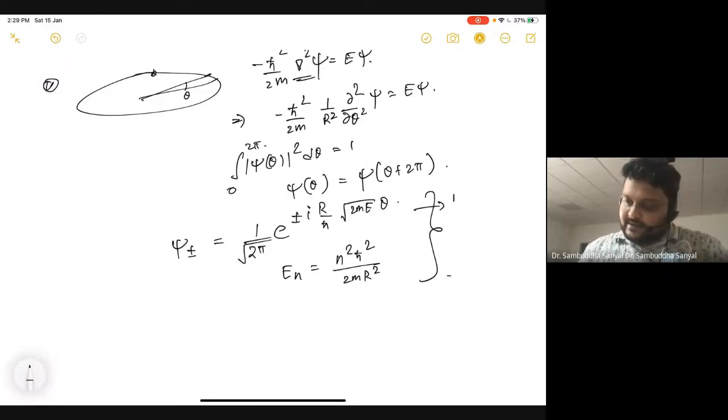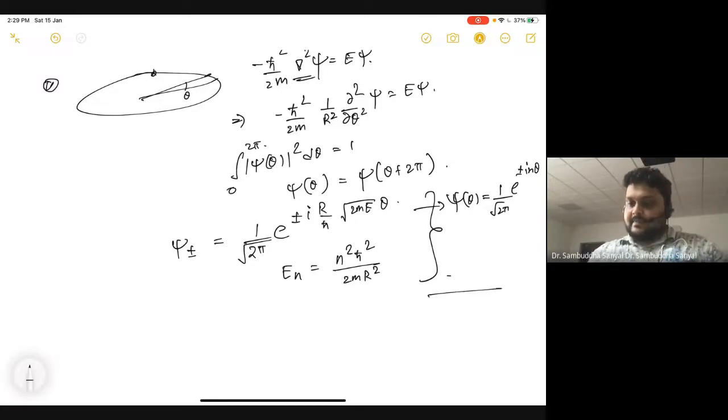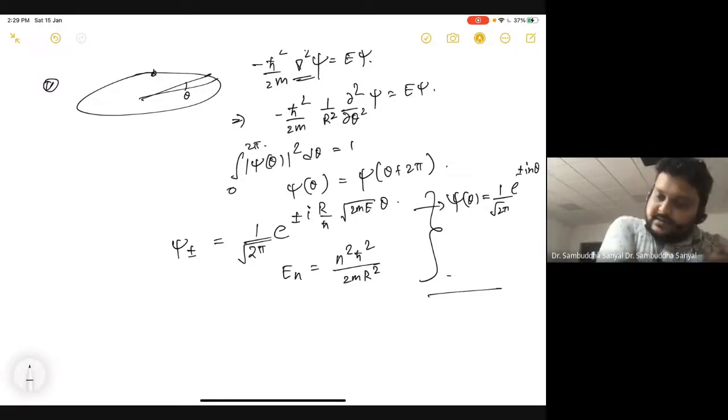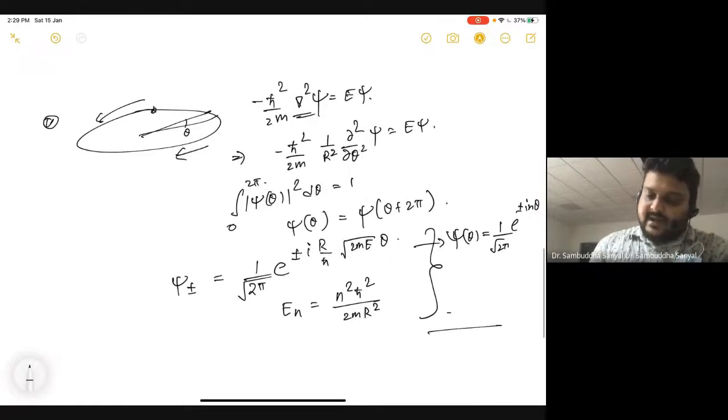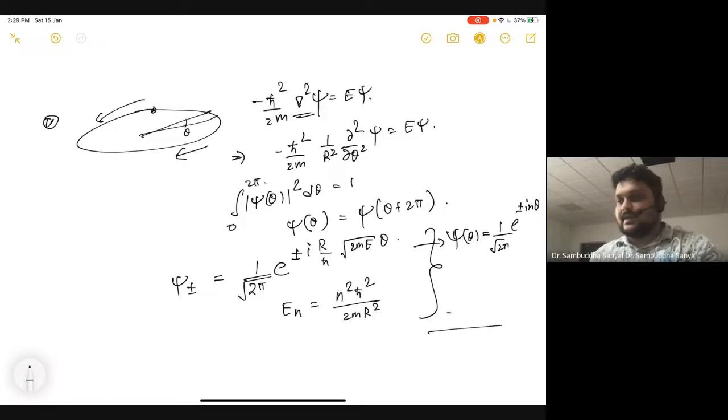I can rewrite this alternatively in a simpler way using the index. Okay, because of the single-valued condition. So this is something we learned. You can visualize it as one wave function moving in that direction, another wave function moving in that direction, and they have these possible energies.